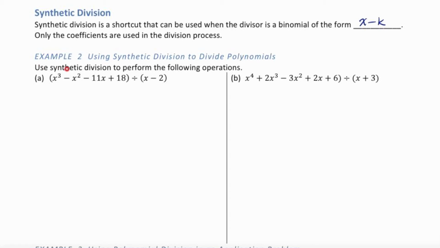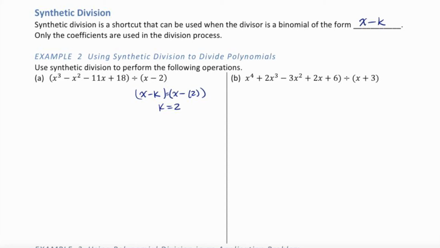So let's use synthetic division to perform the following operations. I have x cubed minus x squared minus 11x plus 18 divided by x minus 2. So since we want this of the form x minus k, we have to have x minus a positive 2.